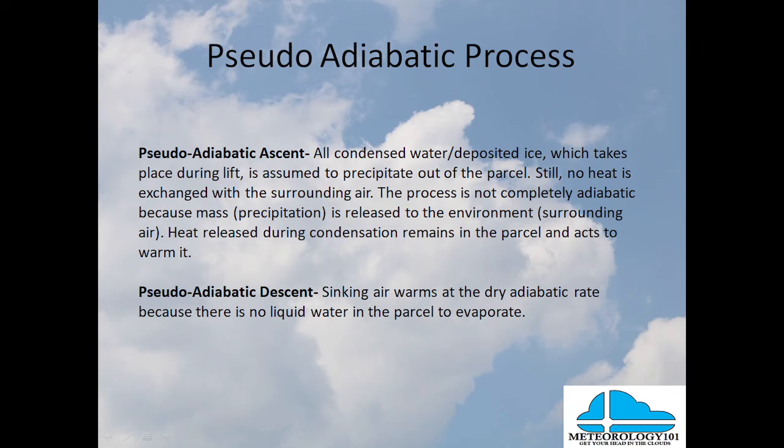Now it has to descend at the dry adiabatic rate because there is no more liquid. That rain was dropped out into the environment, but it never evaporated, never exchanged with the outside surrounding air, so it didn't change the environment. This is basically just a cell or an air parcel within itself, just like the adiabatic process.